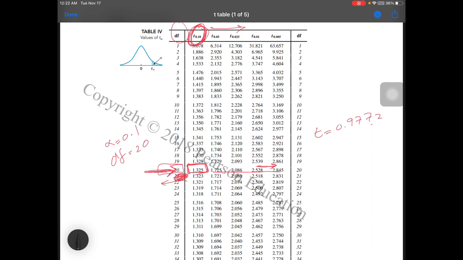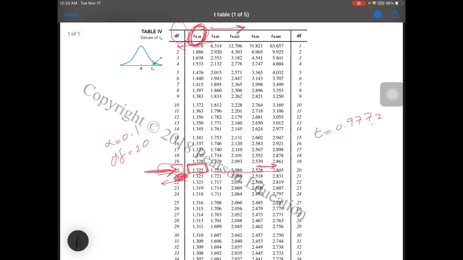See, these values are decreasing this side: 0.05, 0.025, 0.01, 0.005, it is decreasing. But if you come this side, left hand side, you can see values are increasing. Okay, so your p value is somewhere greater than 0.1.